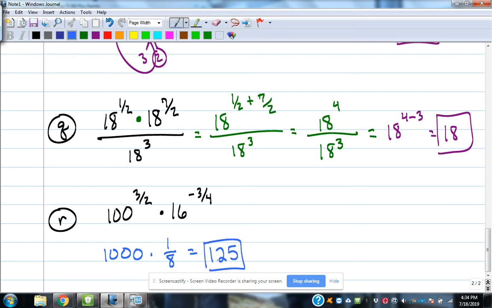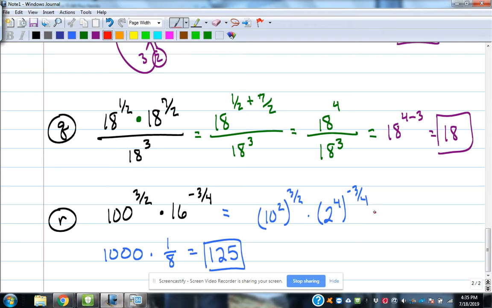If we had done that without the calculator, with the factor tree methods, we know that 100 is 10 squared. So that could be 10 squared to the 3 over 2 times, and then 16 we know is 2 to the 4th power, to the negative 3/4.